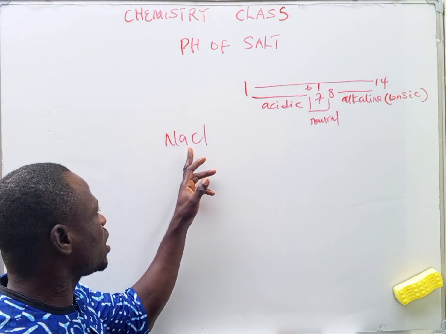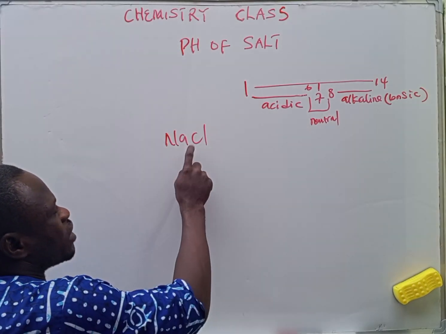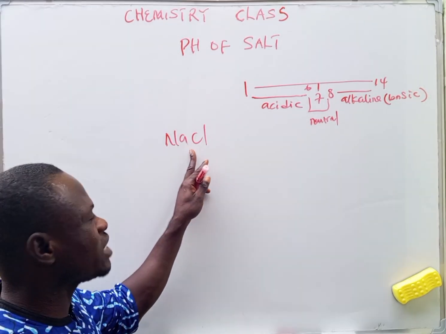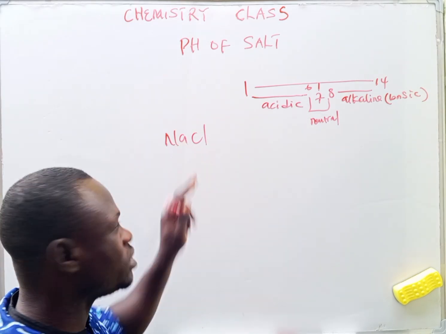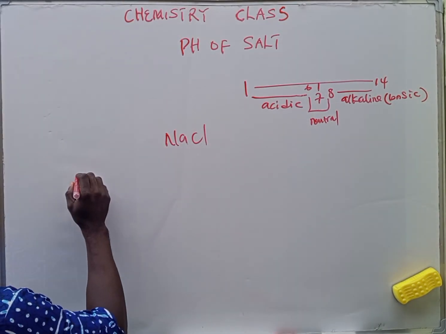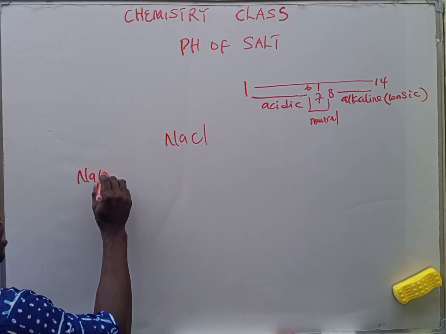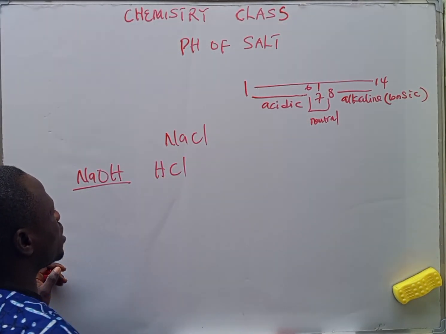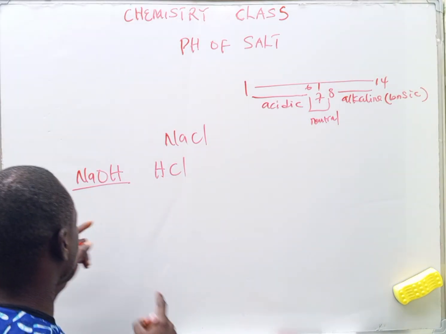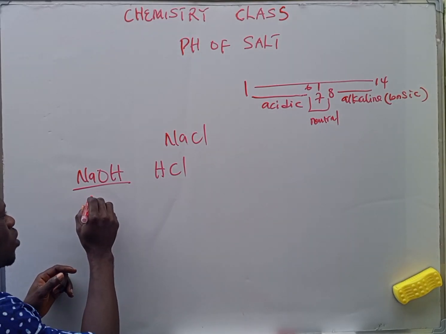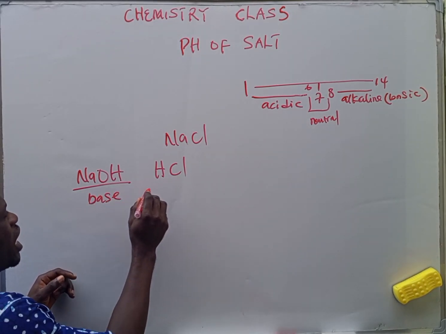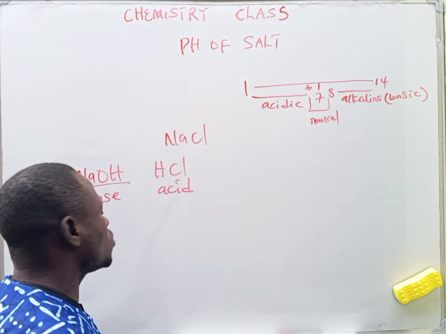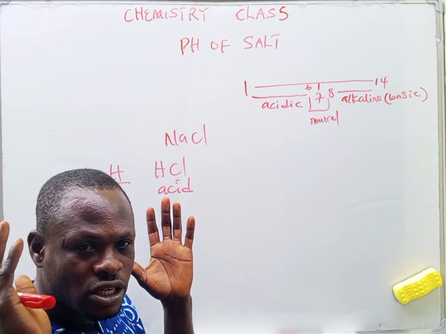If you add water to this particular compound, they will form an acid and they will form a base. Now if I add water here, we have NaOH, we have water, and we have HCl. Now identify the two things. This is base, and this is acid.